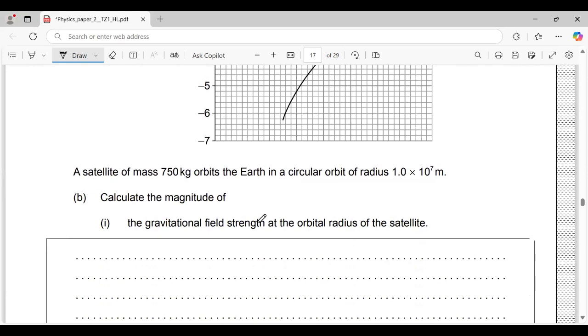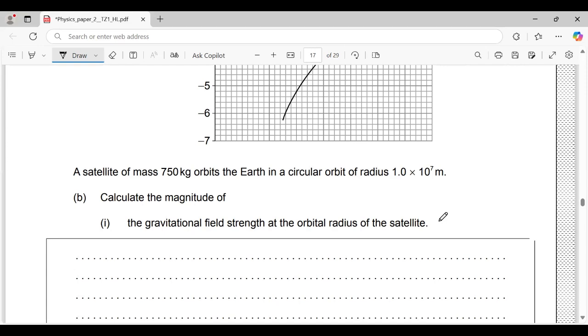A satellite of mass 750 kilograms orbits the Earth in a circular orbit of radius 1.0 times 10 to the power 7 meters. Calculate the magnitude of the gravitational field strength at the orbital radius of the satellite. Okay.